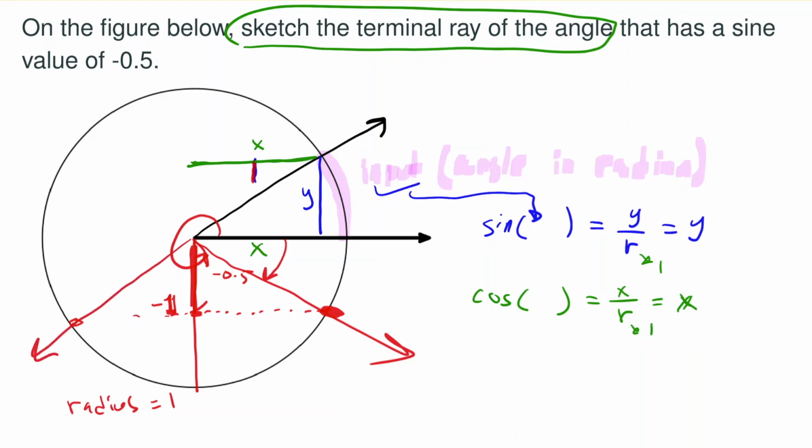Let me draw a different color: this angle or this angle. But it's only asking us to draw terminal rays, so you don't technically have to mark an angle, just a terminal ray. So the answer is these two right here, this terminal ray and this terminal ray. An angle that has these two as a terminal ray will give us sine of negative 0.5.